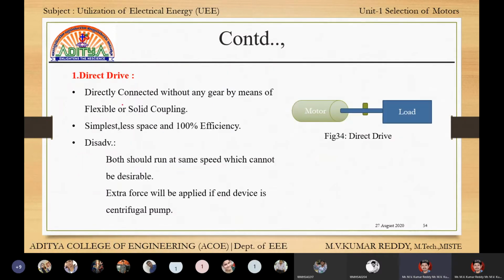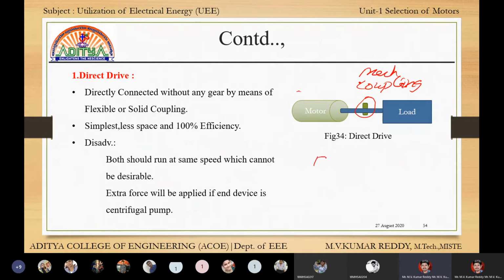Next, direct drive. From this diagram, you can say that it is a direct drive. That means it cannot have any belt. It has only direct coupling. This is called mechanical coupling.